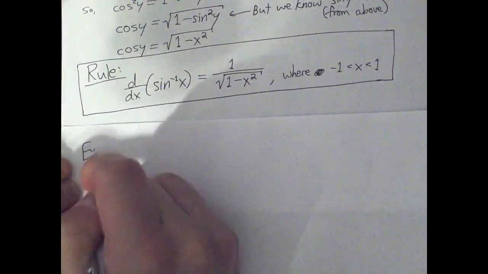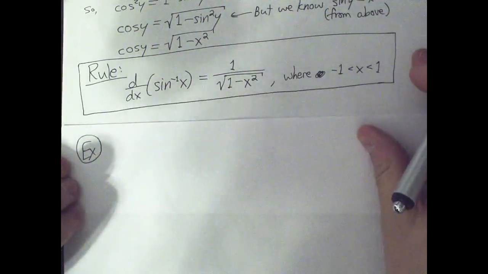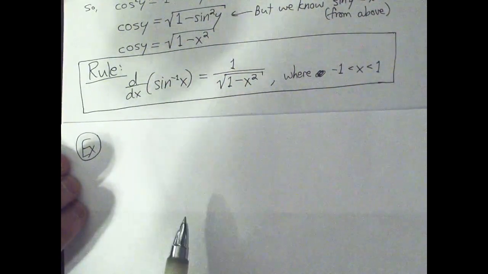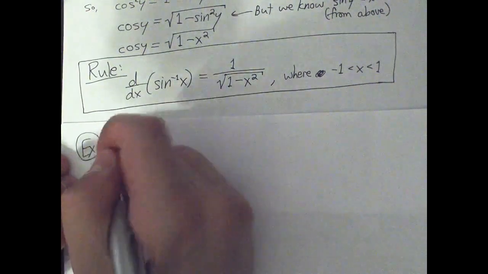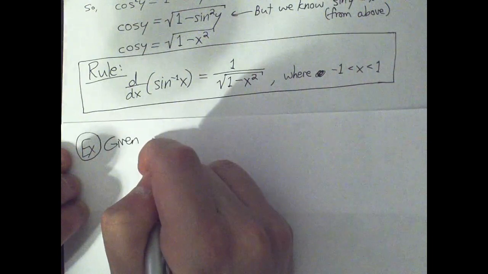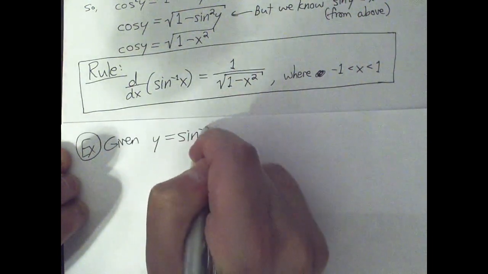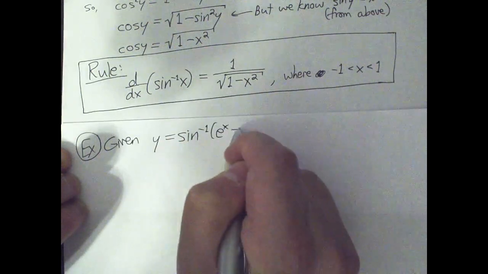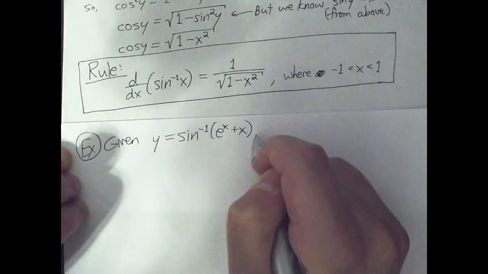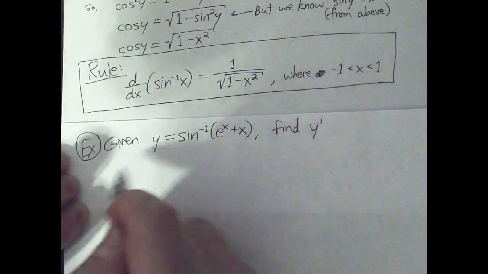Of course, just like with other rules that we've learned, you're probably not going to get asked just for the derivative of inverse sine. It's probably going to be something where you need to combine it with other things we know. So this problem, which I will do, is we're given y equals inverse sine of e to the x plus x, and we would like to find y prime. All right, so I'll do this one.